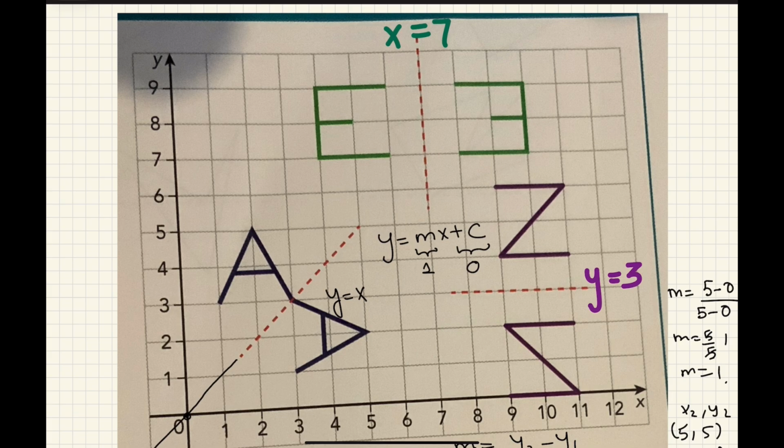And if in the question they give you the object and its image and they ask you to construct the line of reflection, then one way to go about it is finding the equation of the line, plotting it on the graph, and your line of reflection is right there. But what if you're not given a graph paper and it's on a plain paper?